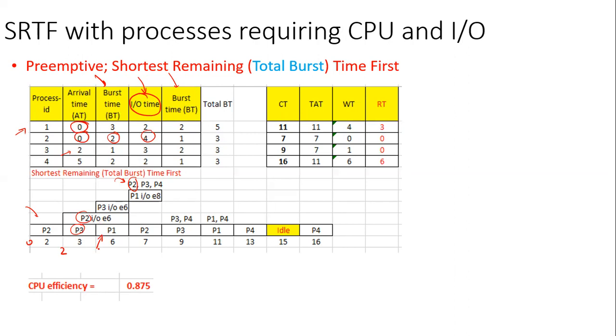P3 is already finished, only 1 unit of time, and then goes to IO. So it will come back at 6, and the other also comes back at 6. But the sequence is going to be P2 and P3, no?